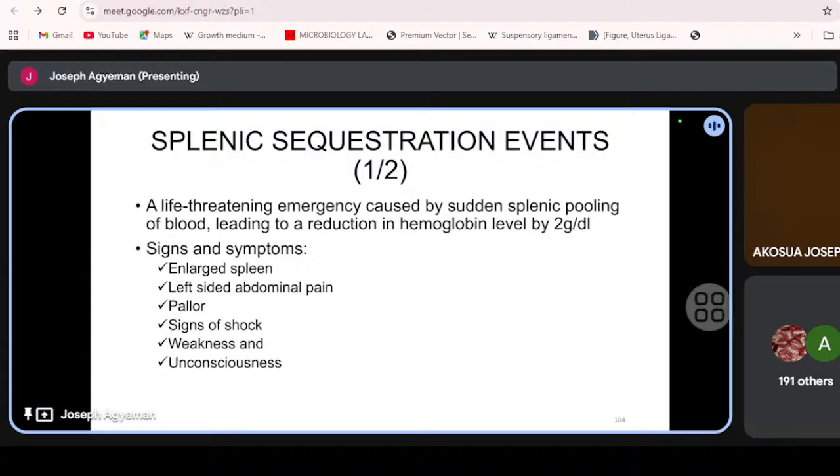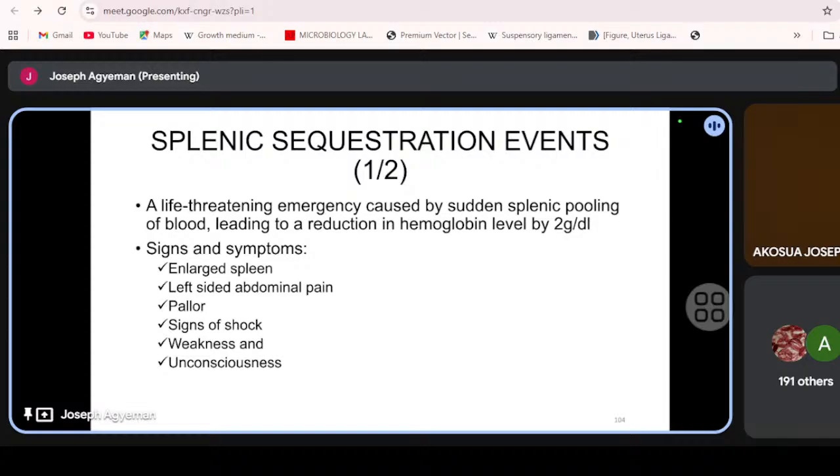Remember, G6PD is an enzymopathy, an enzyme defect, and sickle cell disease is a hemoglobinopathy. If you are not lucky, you can get the two, and both are high risk factors for hemolysis. So the two combined, it will not be surprising that the patient will present with a high degree of hemolysis.